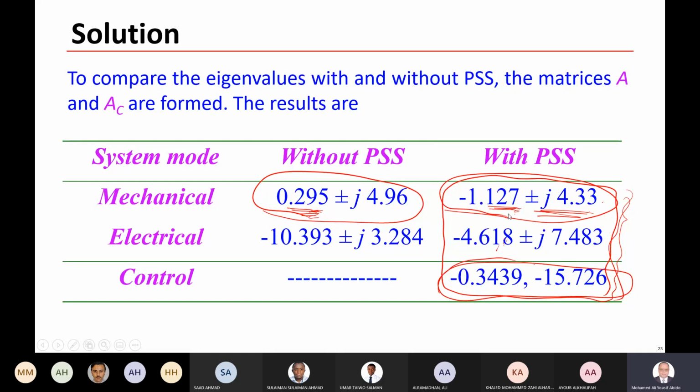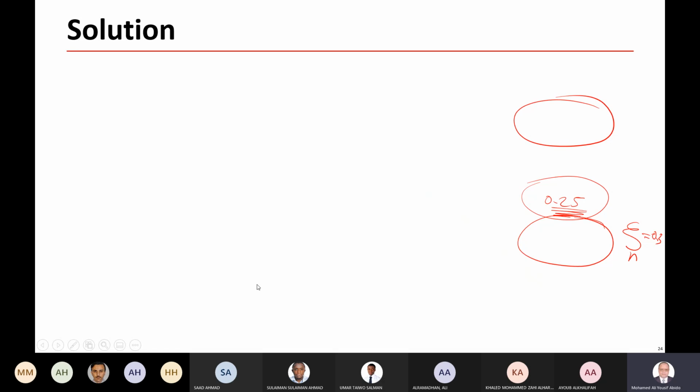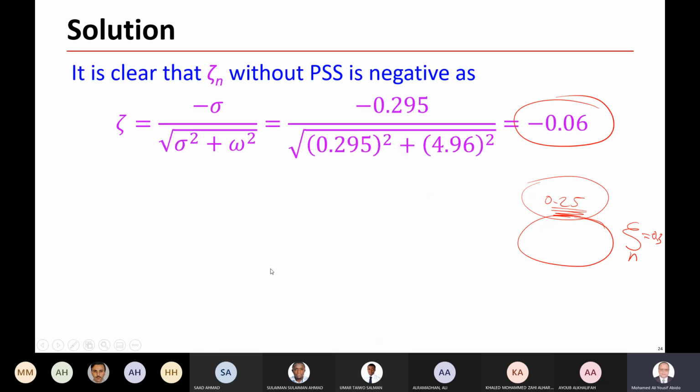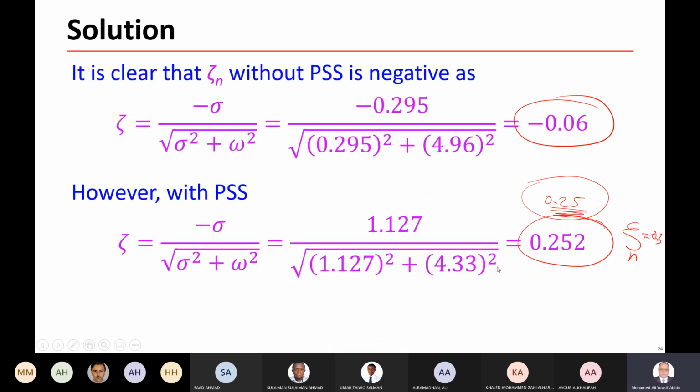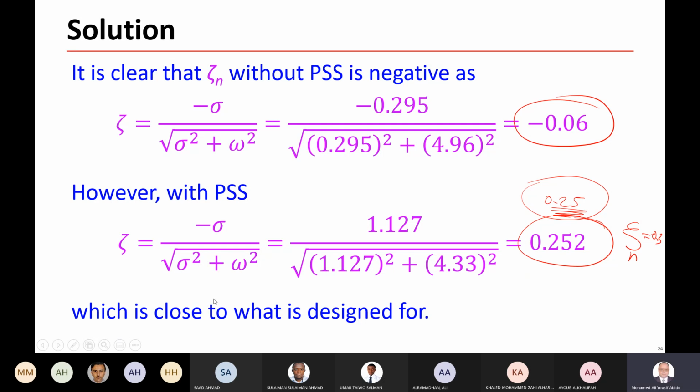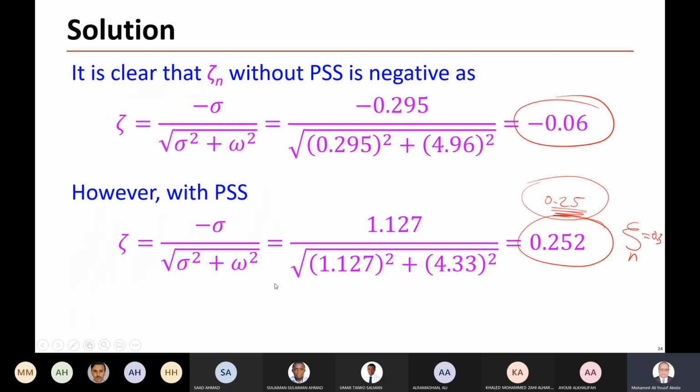We have other modes that contribute also to the oscillations, and in this case, you can have this close to whatever you set earlier. But this is an acceptable design, which is close to what it is designed for. So this is how to design the power system stabilizer. If you have any question, please ask.